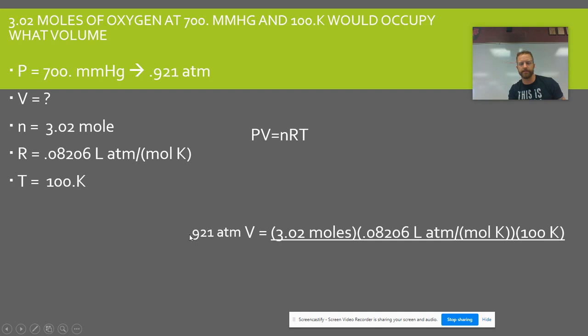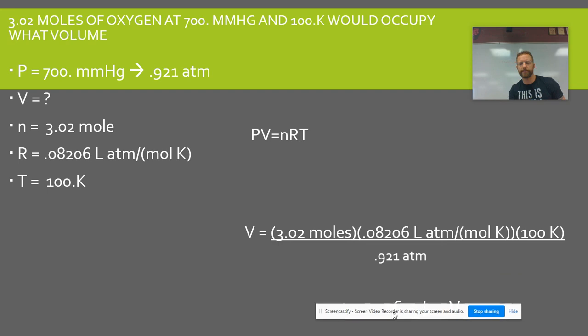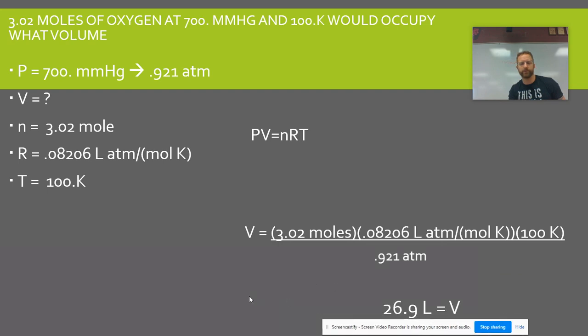Look at me getting all tech savvy here. So divide both sides by 0.921. Now I've got moles on top, moles on bottom. Atmospheres on top, atmospheres on bottom. Liters, there's nobody to cancel with. Kelvin is on bottom and Kelvin's on top. So we're going to be left with liters. And when we do that, we get 26.9 liters for our volume.